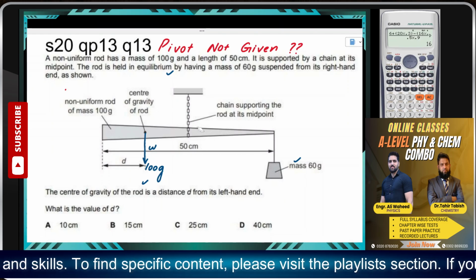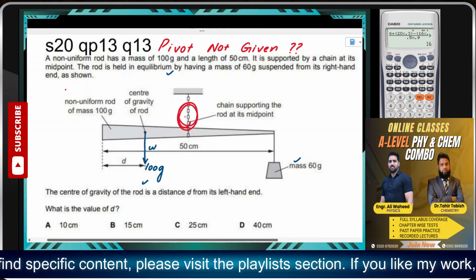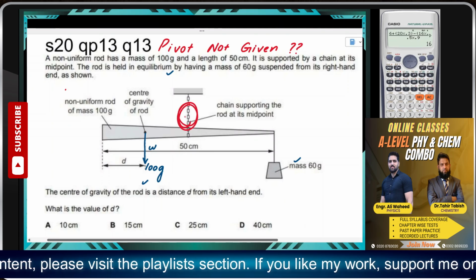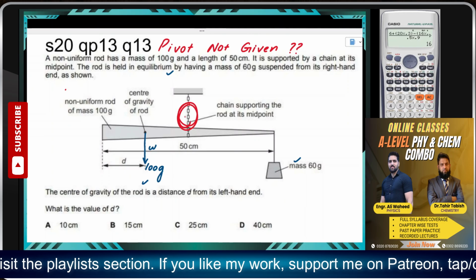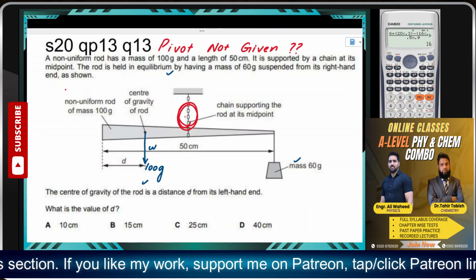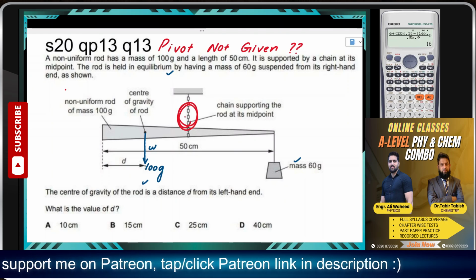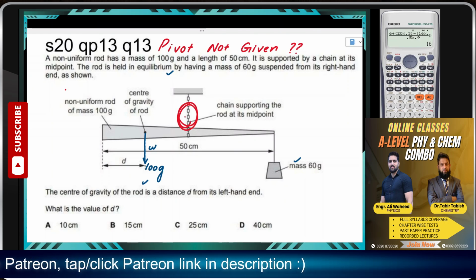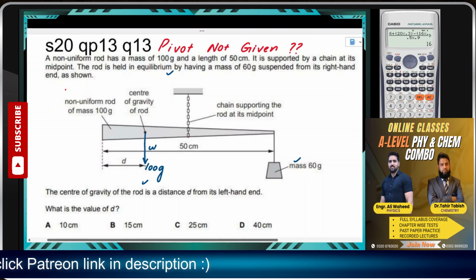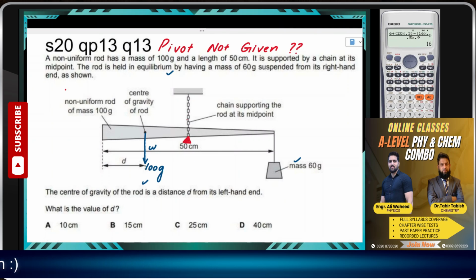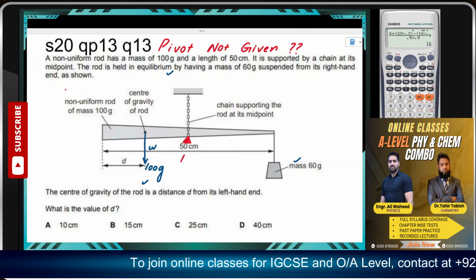The force in the chain, or the tension in the chain, we don't have any value for that. So we should try to get rid of that force. The best thing is, if you consider this point as a pivot, then whatever that force is, that force would pass through the pivot. In that case, it would not produce any moment. So we'll consider this as a pivot.